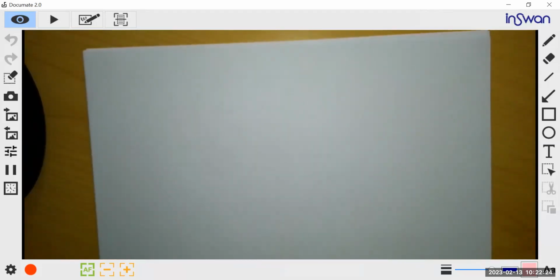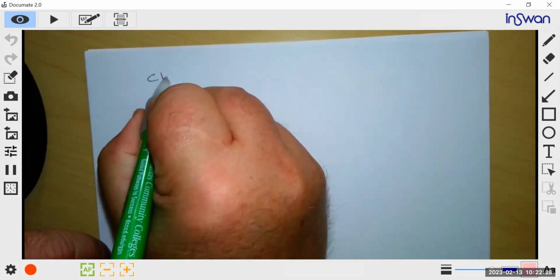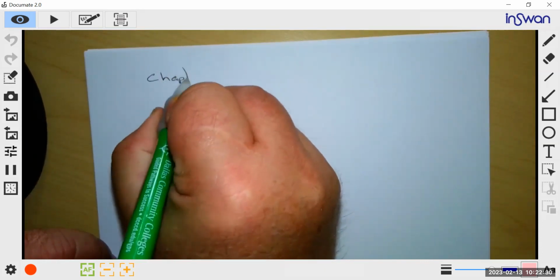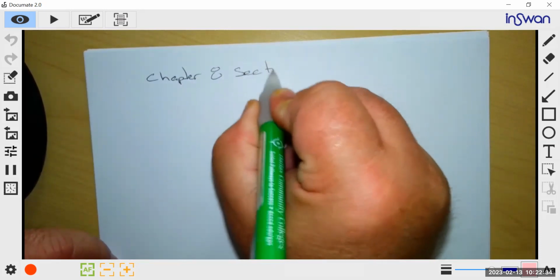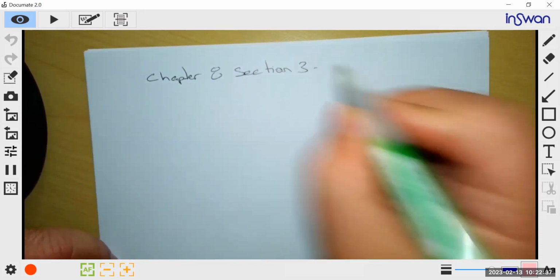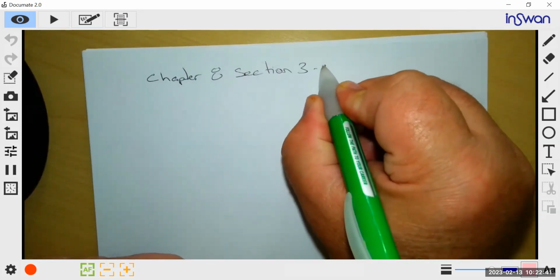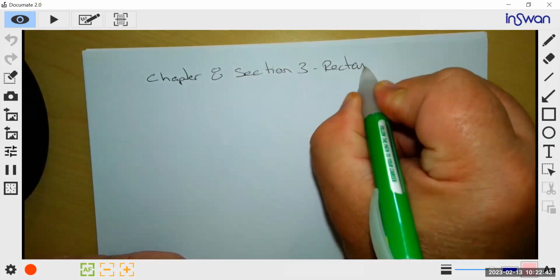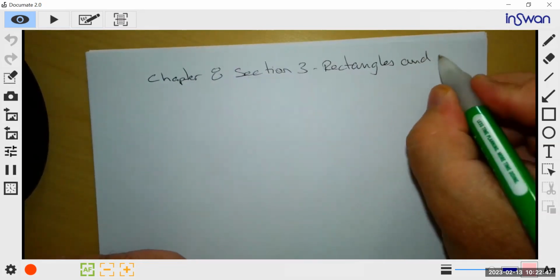Here we go. Chapter 8, section 3. Rectangles and squares.